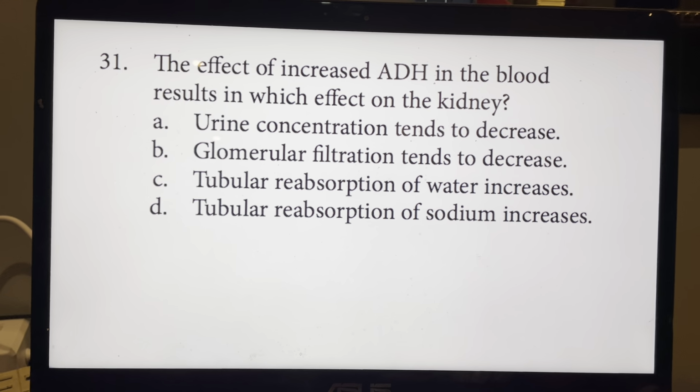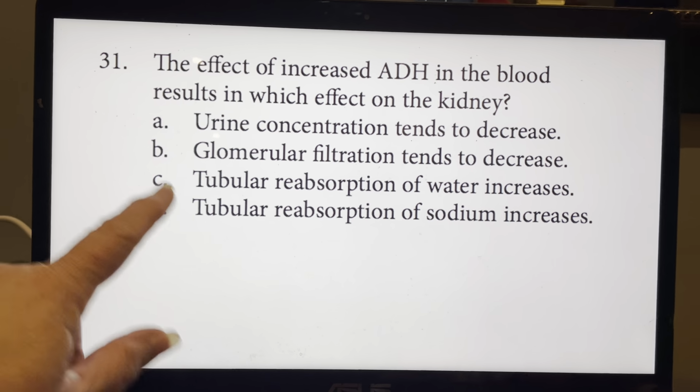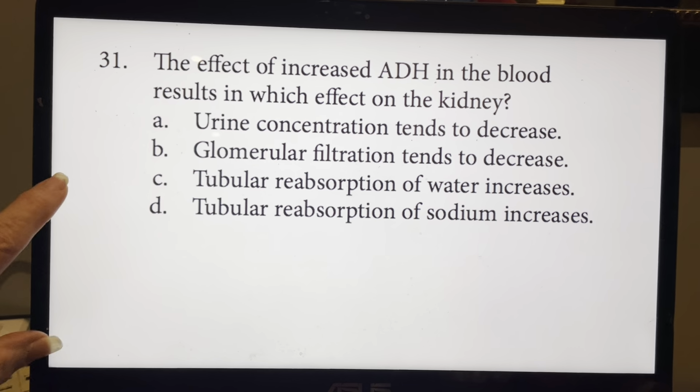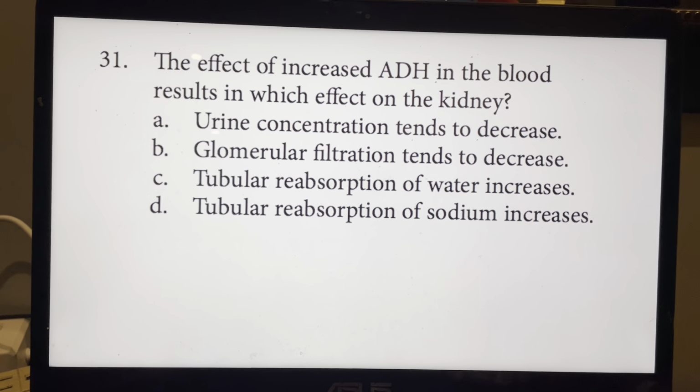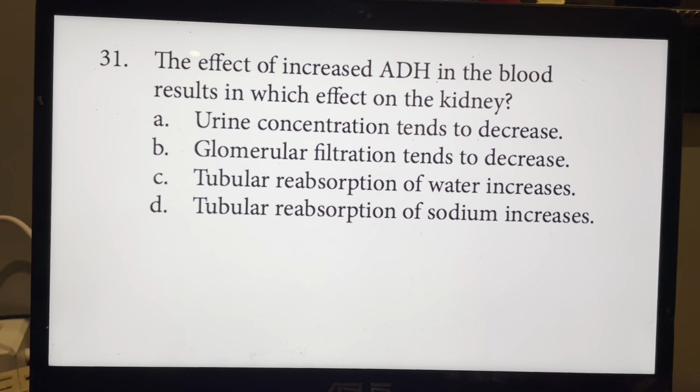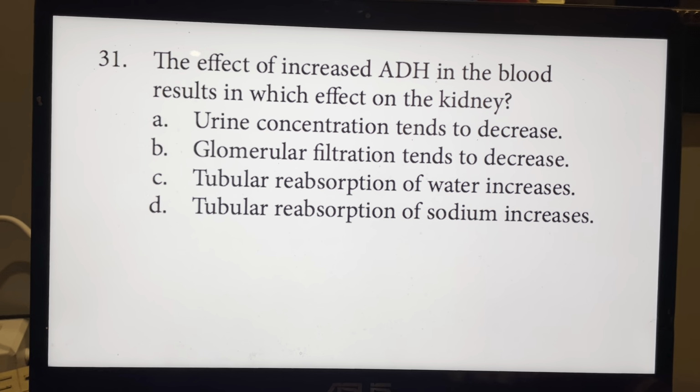The effect of increased ADH in the blood results in which effect on the kidney? ADH: diuretics make you pee, antidiuretics make you not pee. Urine concentration tends to decrease. Glomerular filtration tends to decrease. Tubular reabsorption of water increases. Tubular reabsorption of sodium increases.